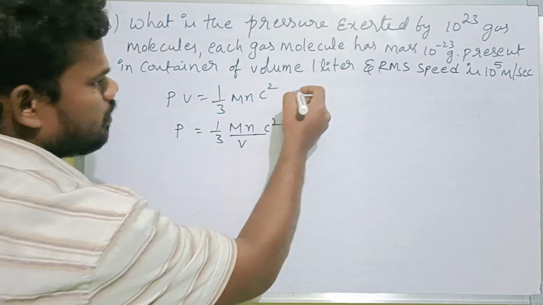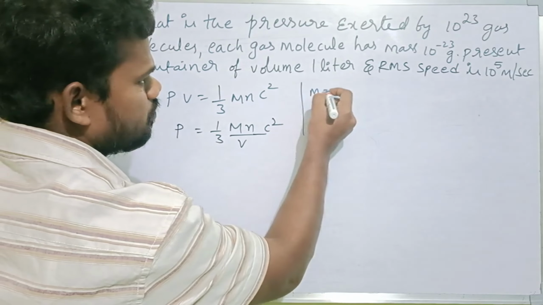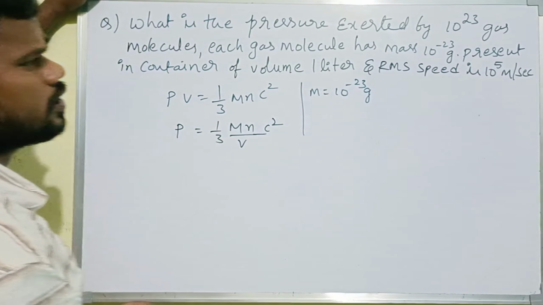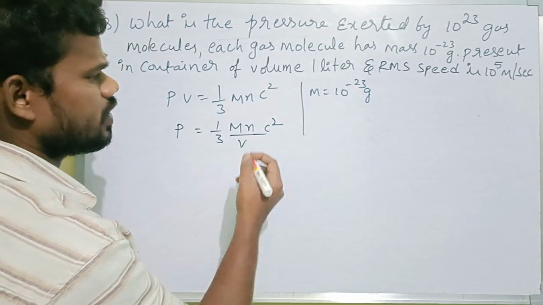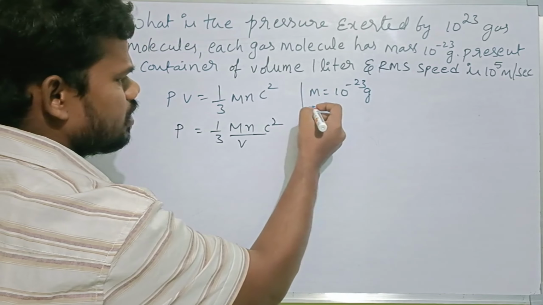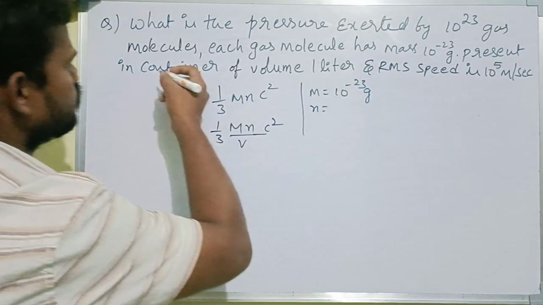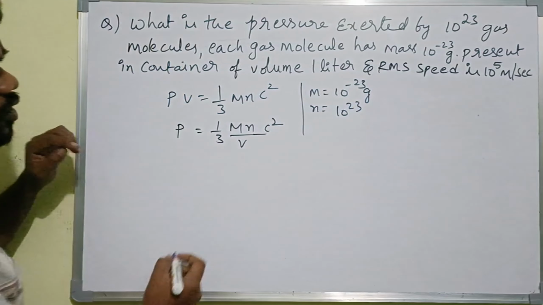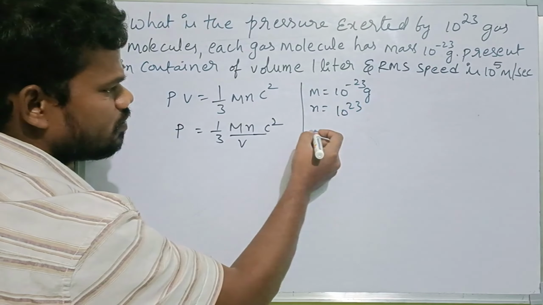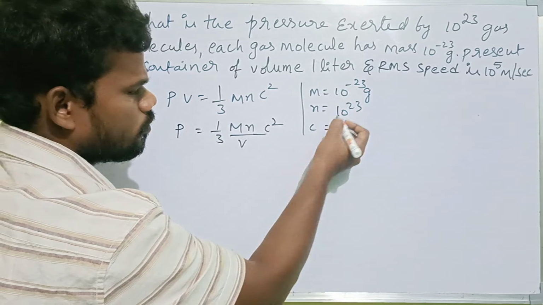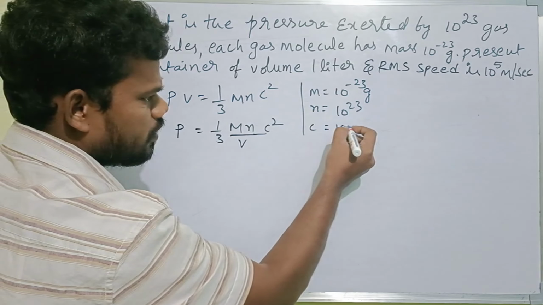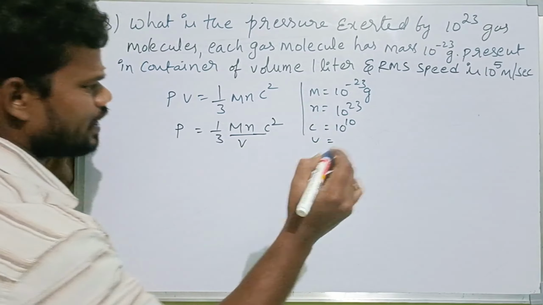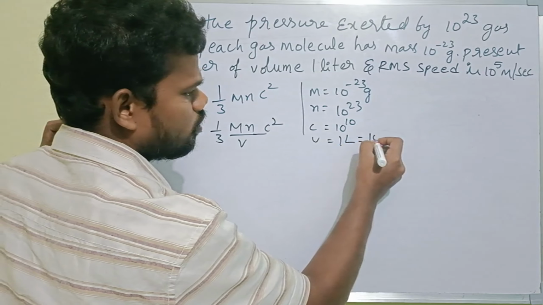The mass m equals 10 power minus 23 grams, which is given here. The number of molecules n is 10 power 23. The speed is 10 power 5, so c square equals 10 power 10. The volume is given as 1 liter, which is nothing but 1000 ml.